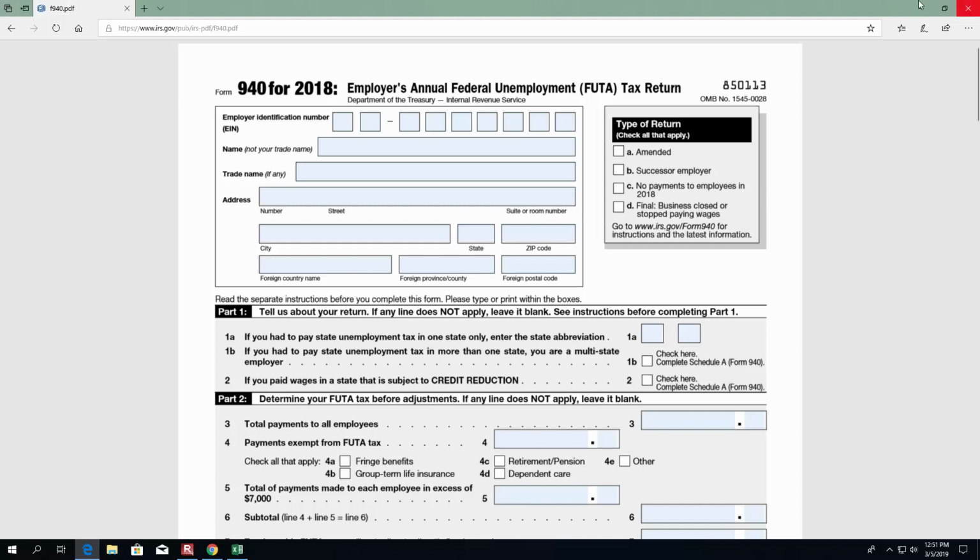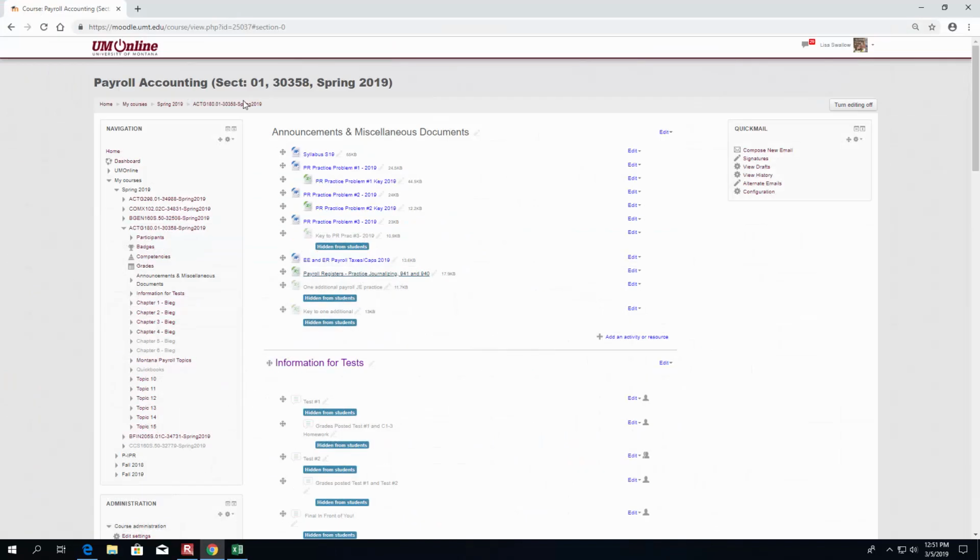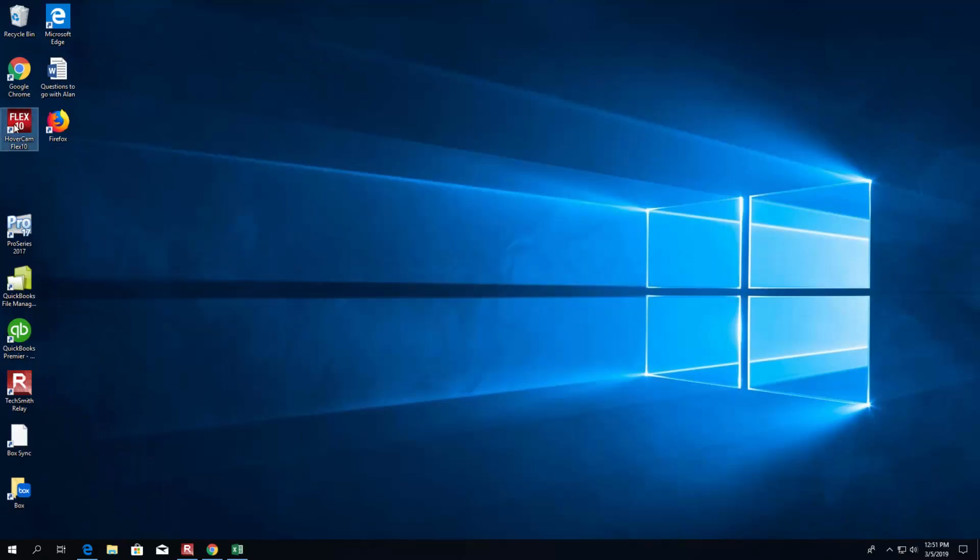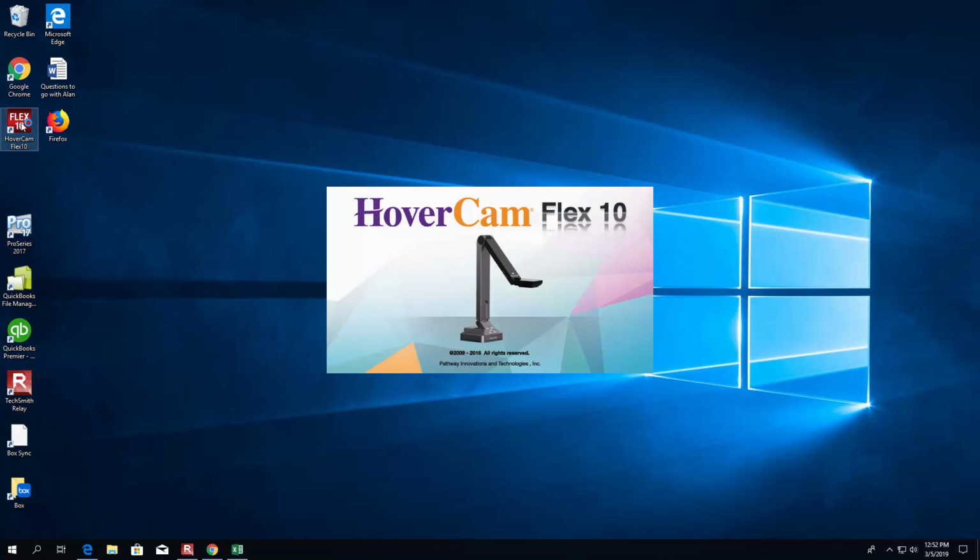What we do know is that we have to figure out how much the employer is paying per quarter, because once my people get to $7,000, I stop having to pay FUTA.